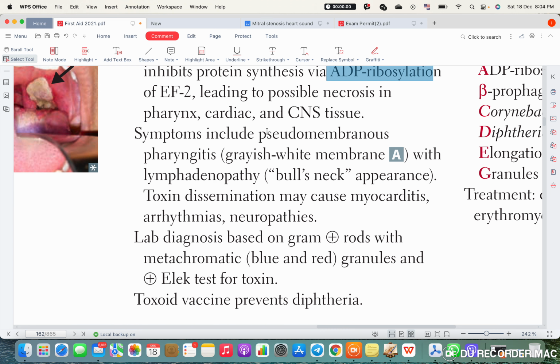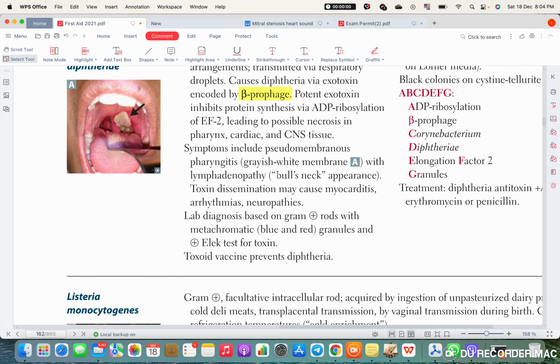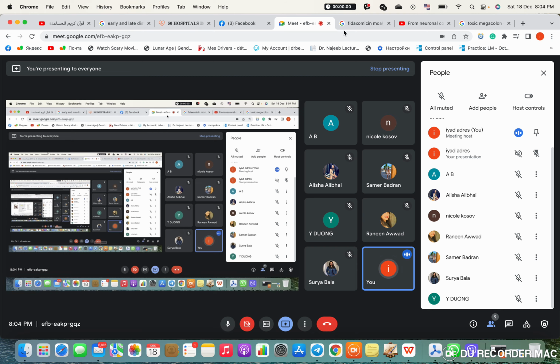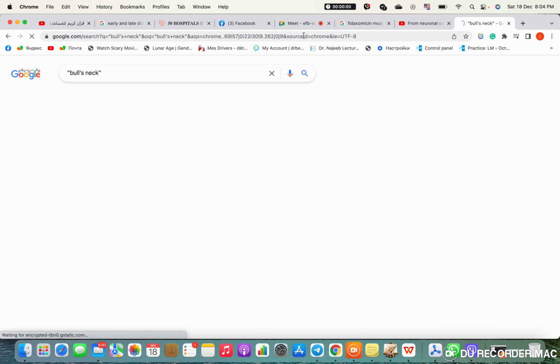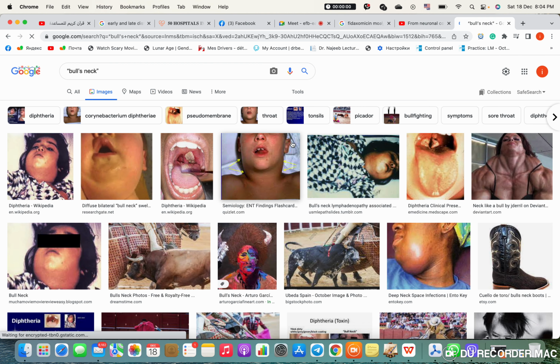Okay? Symptoms include pseudomembranes, so pseudomembranous pharyngitis. This pseudomembranous pharyngitis, as you can see here, can lead to a grayish-white membrane with lymphadenopathy, the bull's neck appearance. If you remember, yesterday we saw the bull's neck appearance; it was ridiculously big and it was because of the lymphadenopathy. They can show you a picture of it and literally ask you what is the cause.